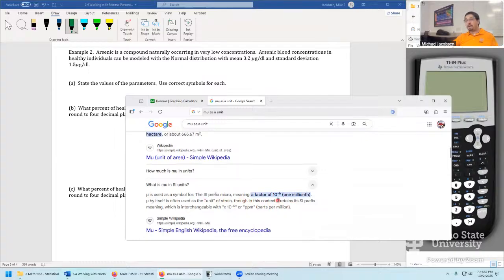So that's what we would mean by a microgram, 10 to the power of -6. So per one liter of your blood, there'd be 3.2 times 10 to the power of -6 compounds of arsenic for the mean and 1.5 for the standard deviation. It's unfortunate to see mu used twice, but in this context, we just mean a specific kind of unit.